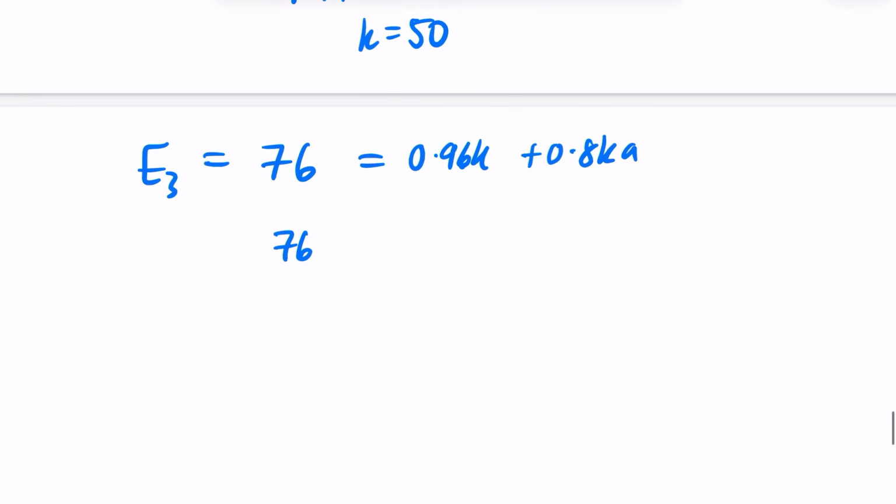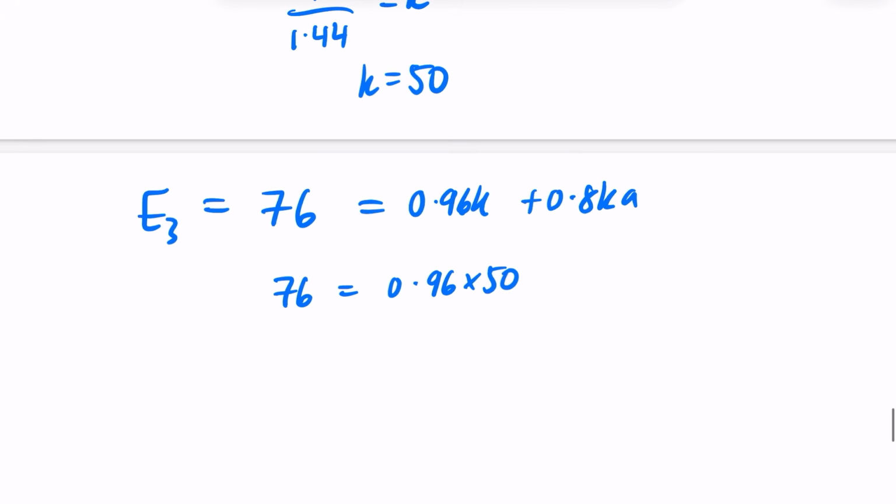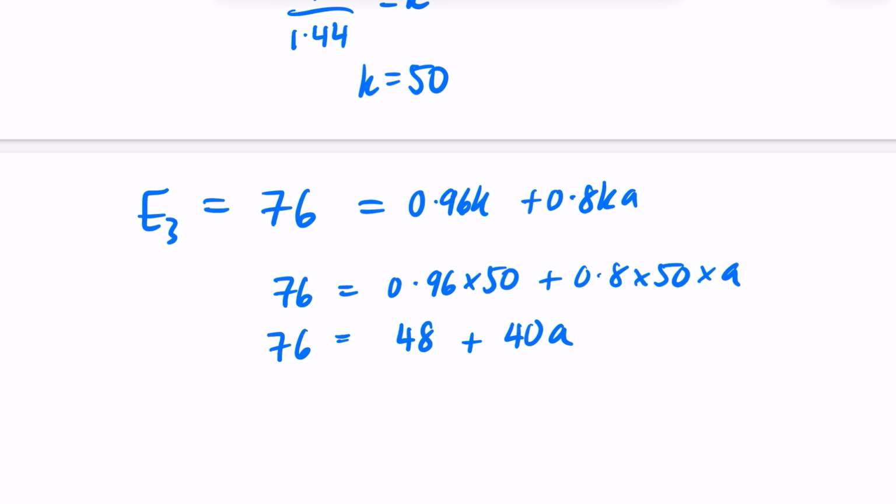So 76 is 0.96 times 50, we just worked out that k was 50, plus 0.8 times 50 times a. So 76 is 0.96 times 50, that is 48. And then 0.8 times 50, that's just 40. So I'll do 76 minus 48, which is 28.